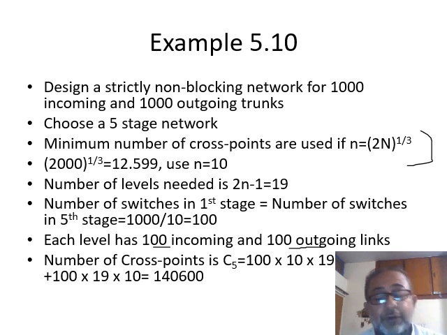Similarly, we have got 100 links on the secondary side, or the one between this three stage level and the tertiary switches, or the fifth stage switches, and these 100 are between each secondary or the three stage network and the tertiary network.